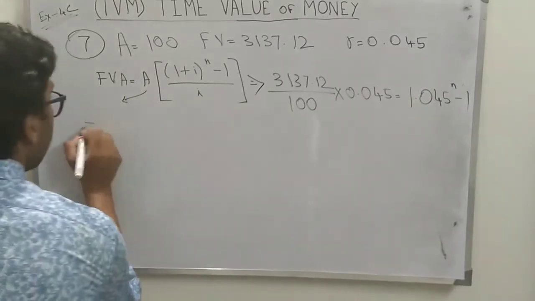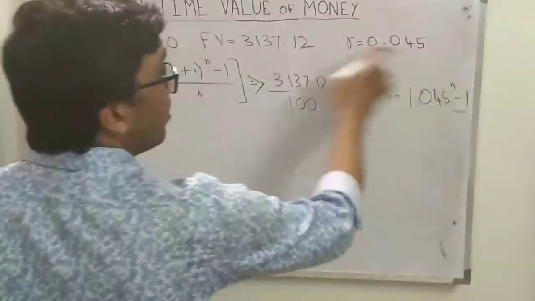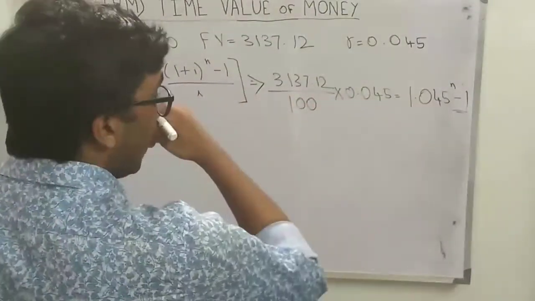Now if we calculate this, the value is 3137.12 divided by 100 into 0.045, it is 1.411704. Now this minus 1 will also come this side and it will become plus 1.